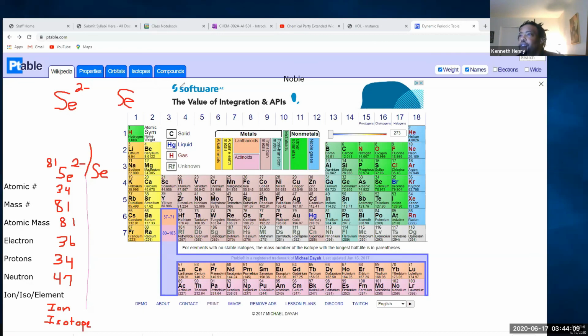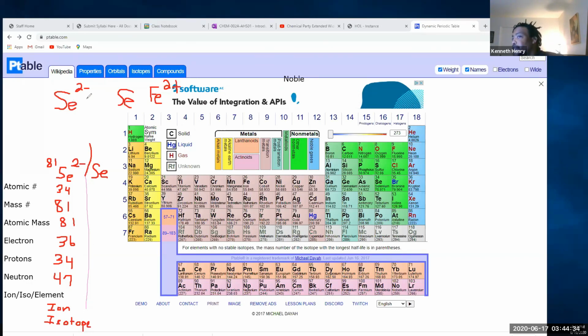If I had Fe2+, what does that mean? Positive. It's positively charged overall. It also means that we lost 2 electrons, right? So this tells me how many electrons I have. Ions are just changes in electrons.